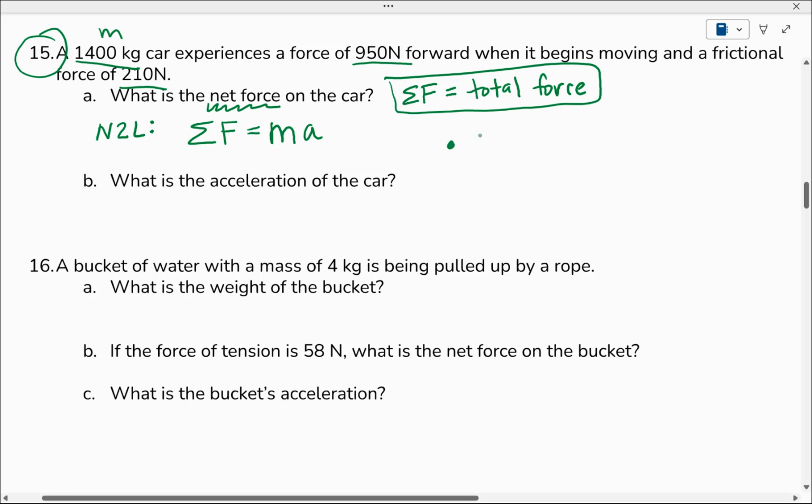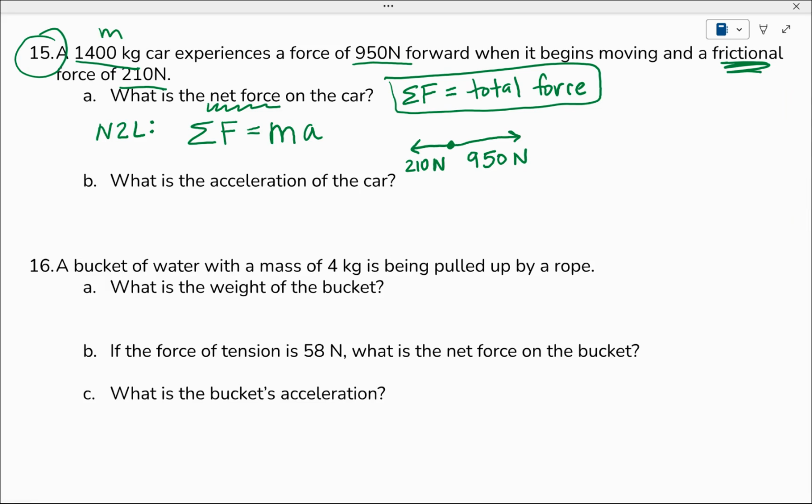It says that there is a 950 Newton force on the car forward, and then against that force, because it's friction, is 210 newtons of force. And that's going in the opposite direction. So net force would require us to combine these two forces, and the way we're going to do that is with subtraction.